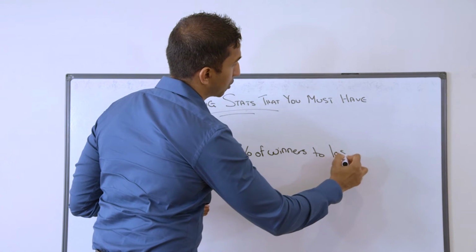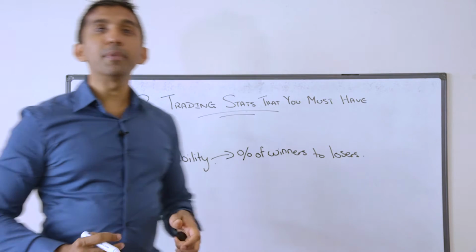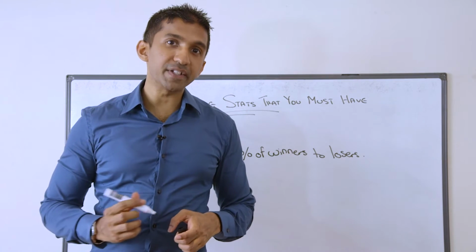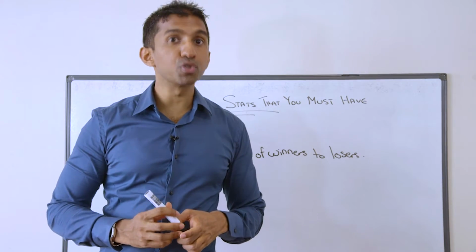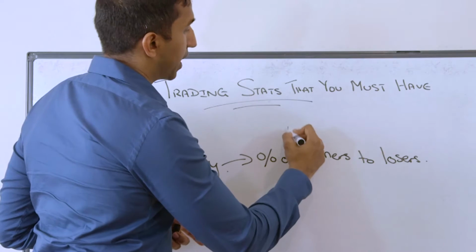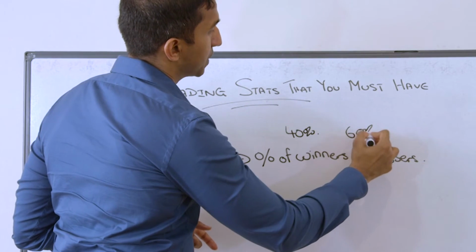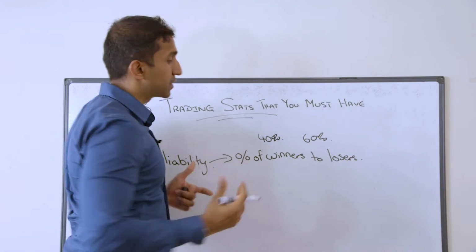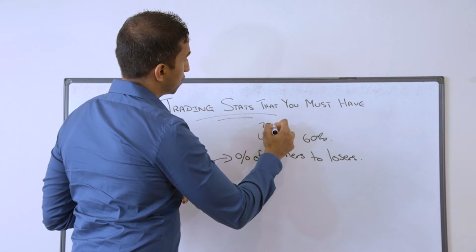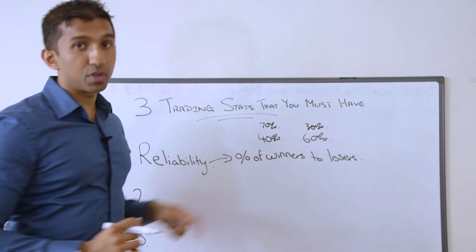We are looking at how many trades actually won as opposed to losing. For example, you can have systems with 40% reliability, 40% winners and 60% losers, or you can also have systems with 70% winners and 30% losers. You can have either one of them.